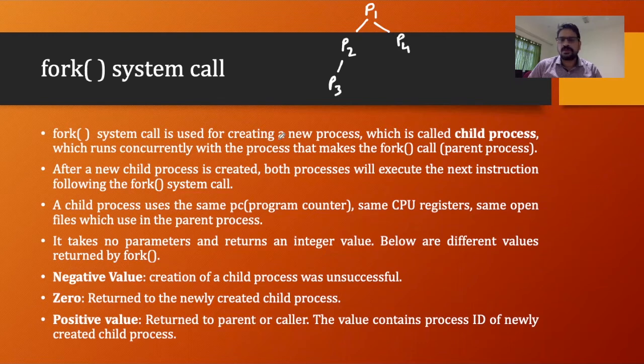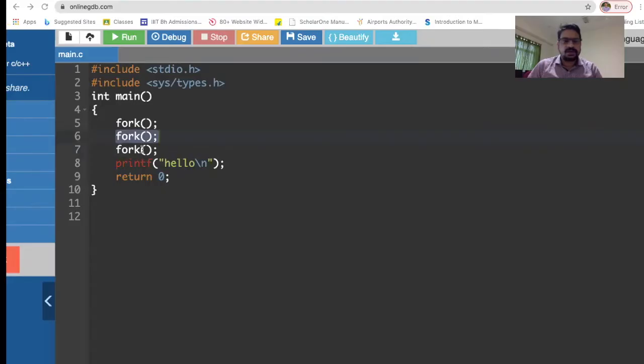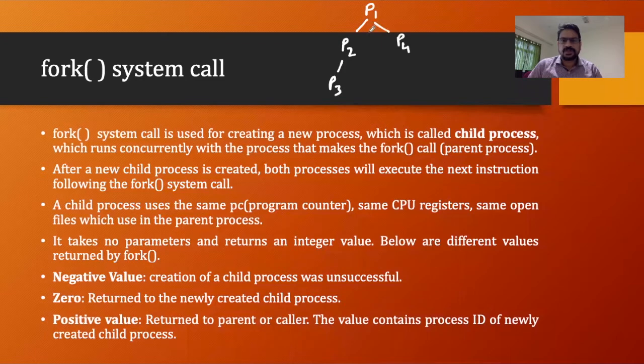Now all of these are executing the third fork. Here one will be created, let's say P5, and so on up to P6. This again will be creating, and this again will be creating.